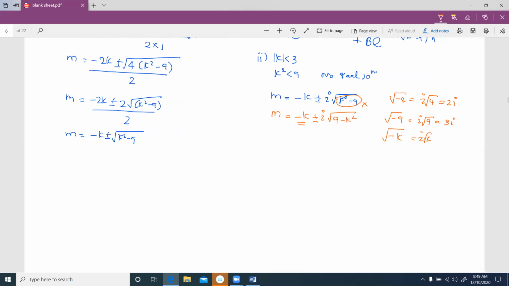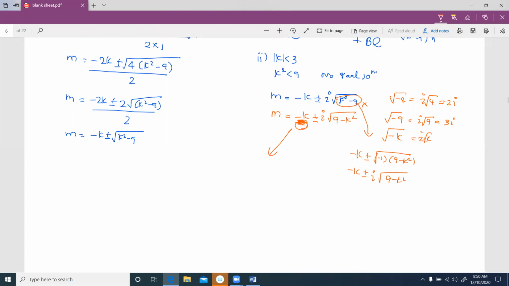Then anyway, the value you get here, if I explain this, is minus k plus or minus the square root of minus 1. If you take it out, this should be 9 minus k squared. Then only this part we write as i. This is i times the square root of 9 minus k squared. That's the way of getting this answer, right? Okay. Then from here, you can say this is the real part of it, and this is the imaginary part.